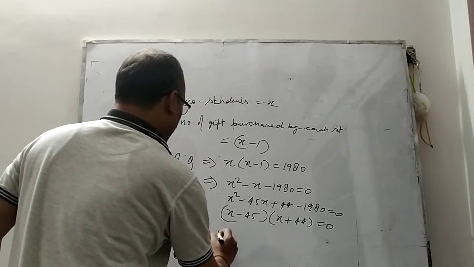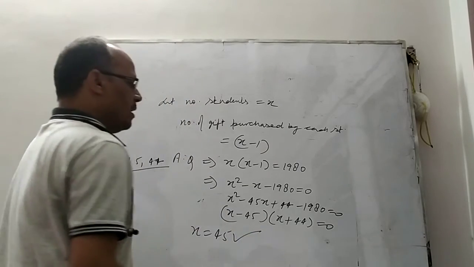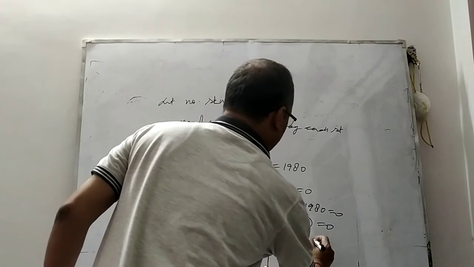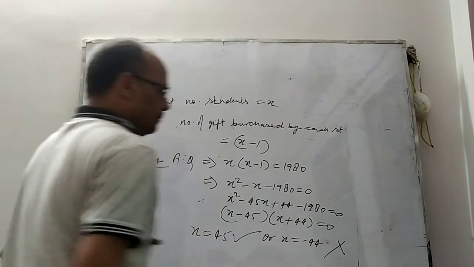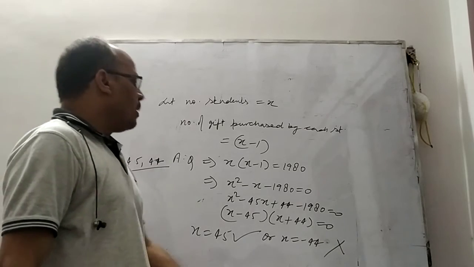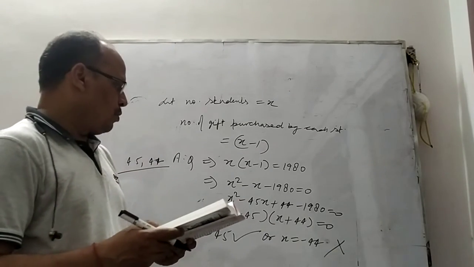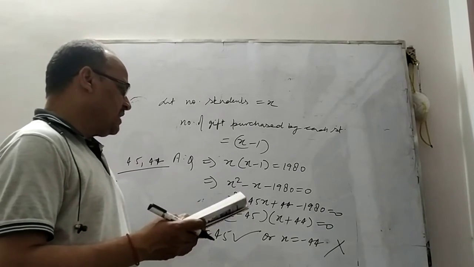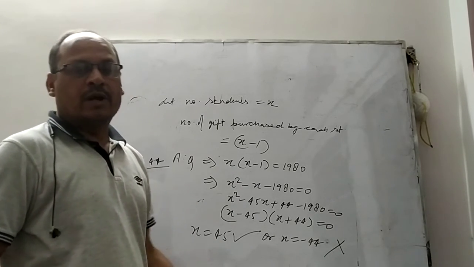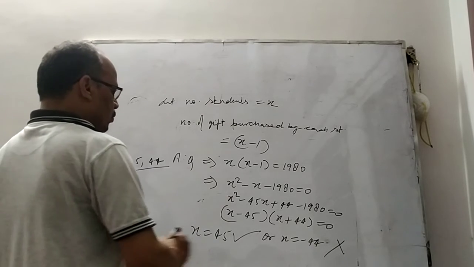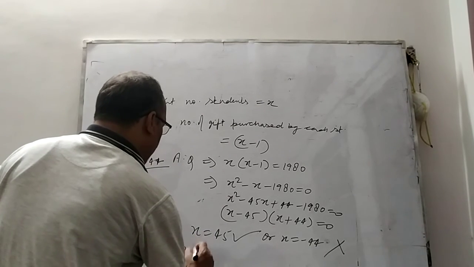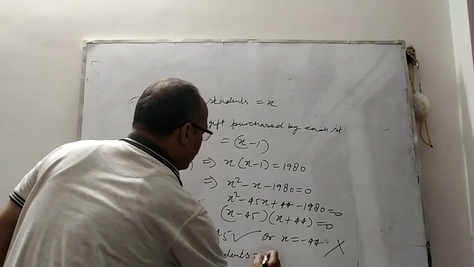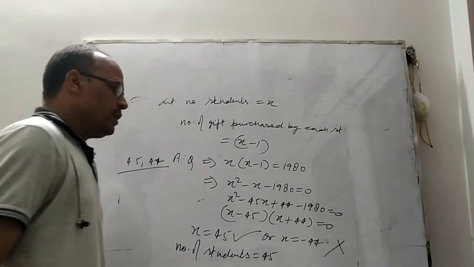So x equal to 45, this will be considered. Here it will become negative, so will not be considered. Correct? So the number of students will be 45 and the number of gifts purchased by each student will be 44. What will be the answer? The number of students equals 45. Now it is clear.